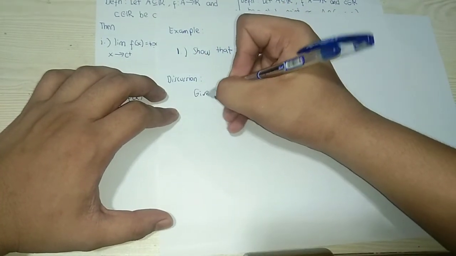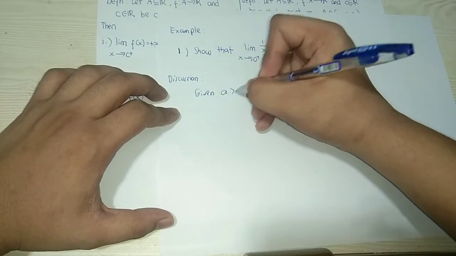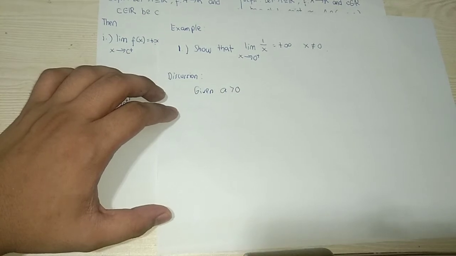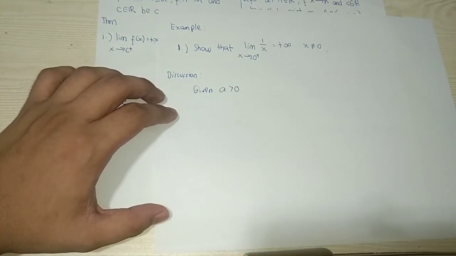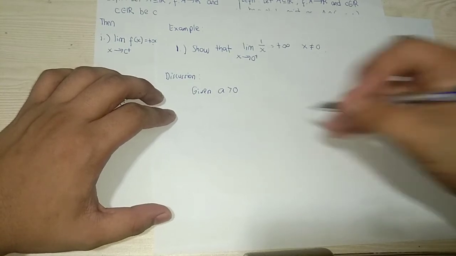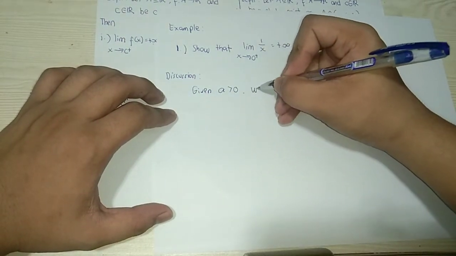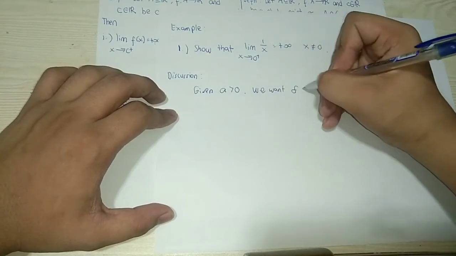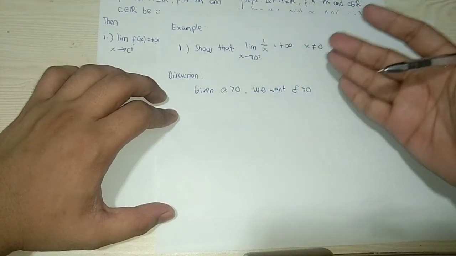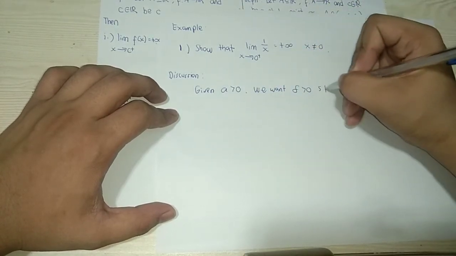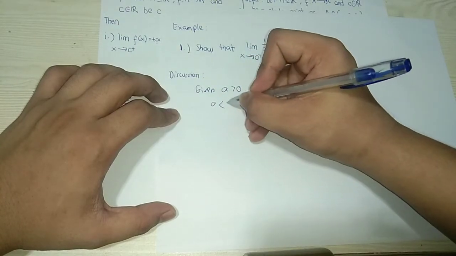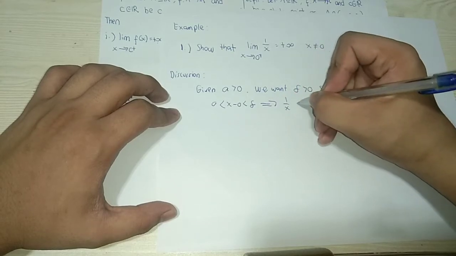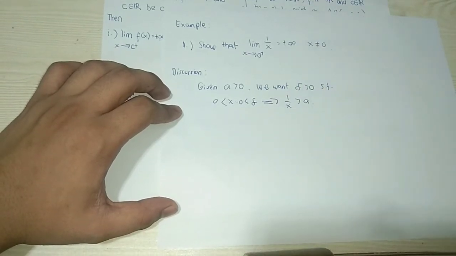Okay, so given a greater than 0. So, ang pinag-uusapan natin dito yung mga nasa right. So, yun na lang din yung kunin natin for a. Okay. So, we want positive delta. Kailangan nating makapagpalabas ng positive delta such that 0 less than x minus 0 less than delta must imply 1 over x greater than a.